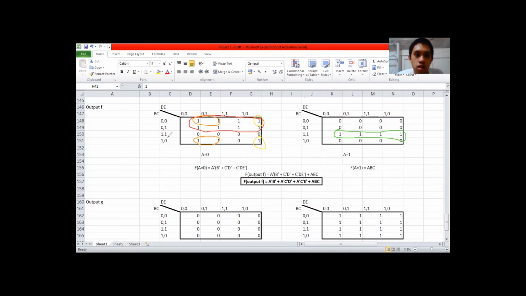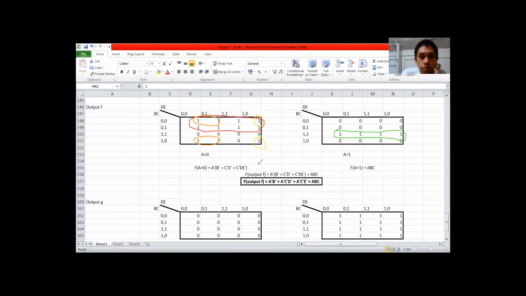C is unchanged, it's 0. D is unchanged, it is 0 also. While E is changed from 0 to 1, therefore E will cancel. Therefore, we will be left here with A prime ANDed with C prime ANDed with D prime. So that is for the orange group.